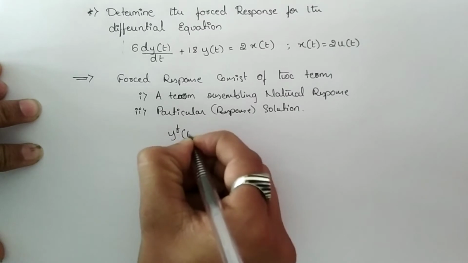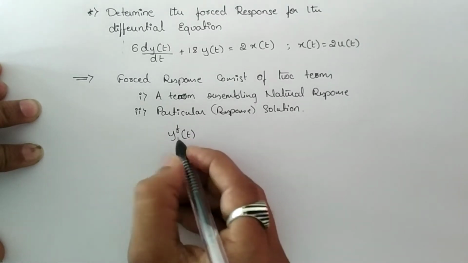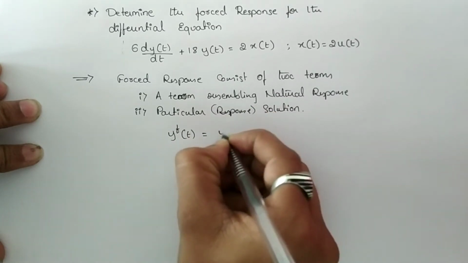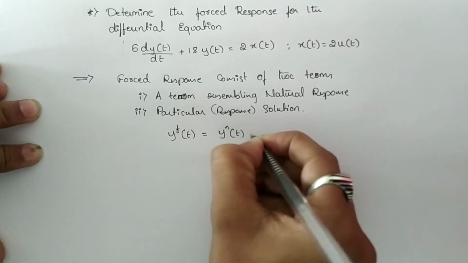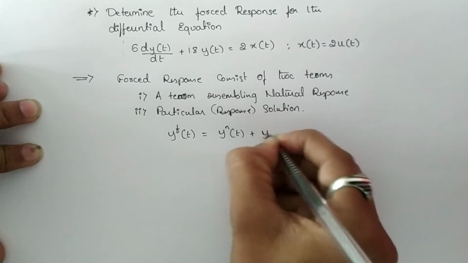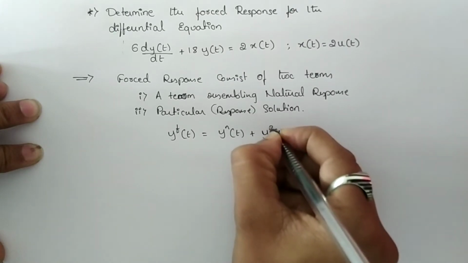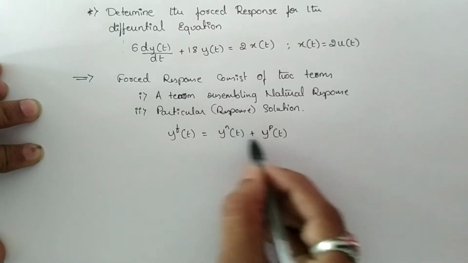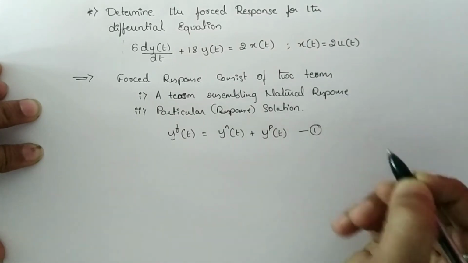The forced response yf(t) is equal to the first term, the natural response yn(t), plus a particular solution yp(t). Now we have a forced response consisting of two terms, marking it as equation number 1.